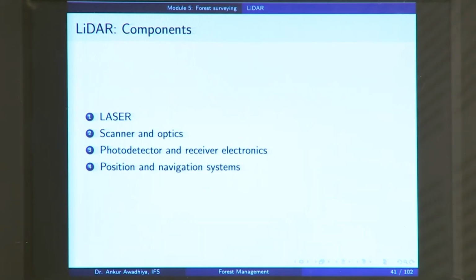Then when the laser comes back, you detect it using a photodetector and you use the receiver electronics to convert it into a signal, and then you have positional and navigational systems to exactly know the location and the orientation of the aircraft. So, with all of these components you add them together and you have an idea of how the surface appears.